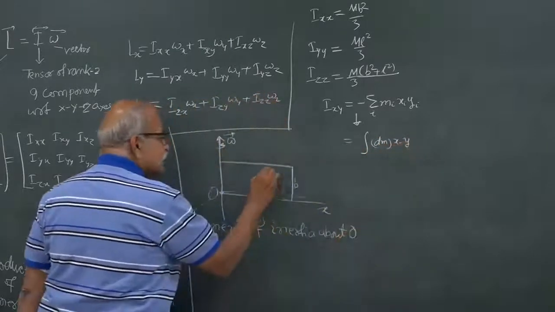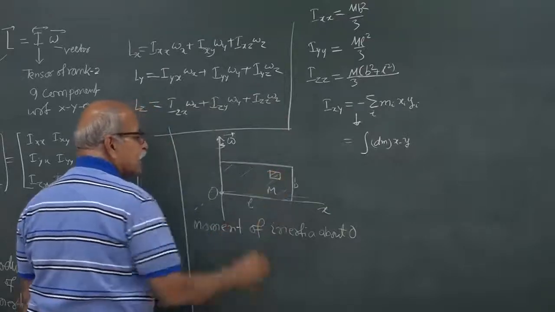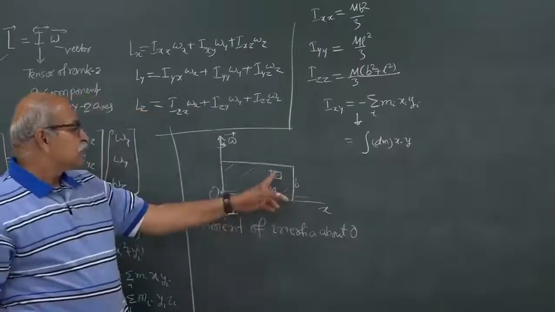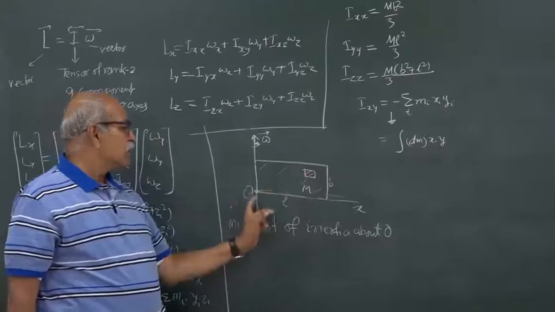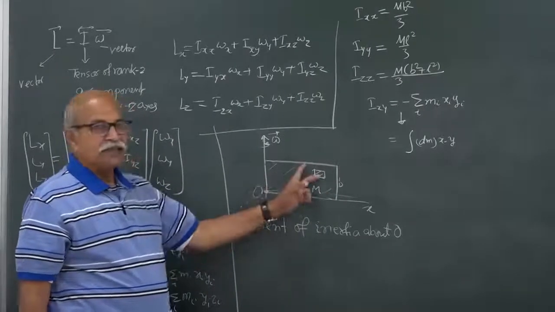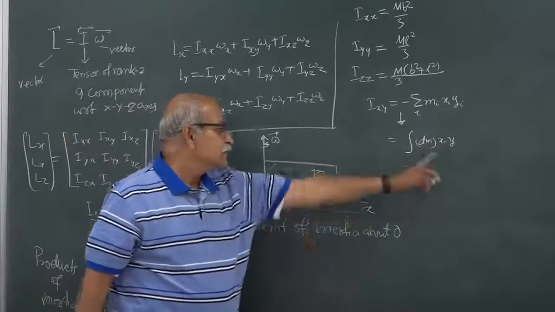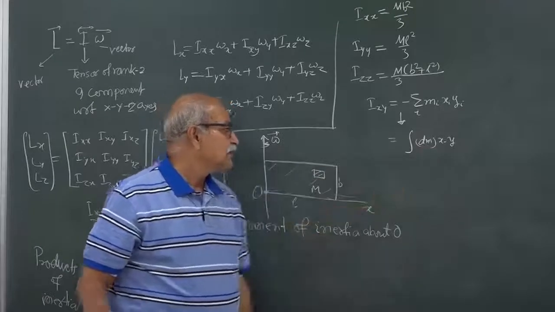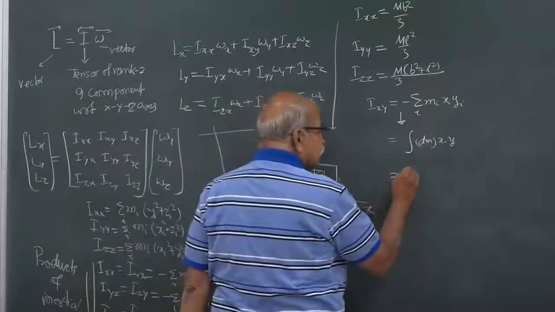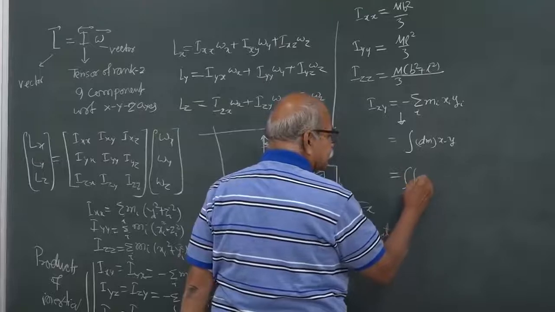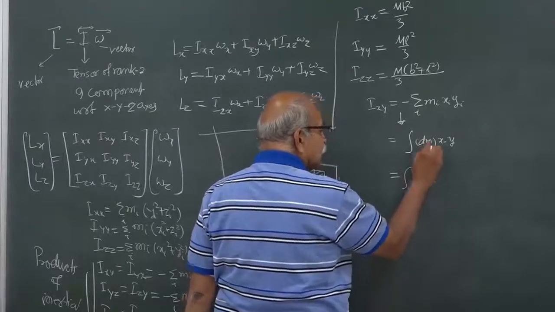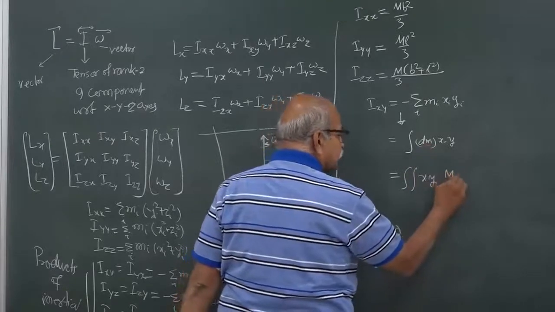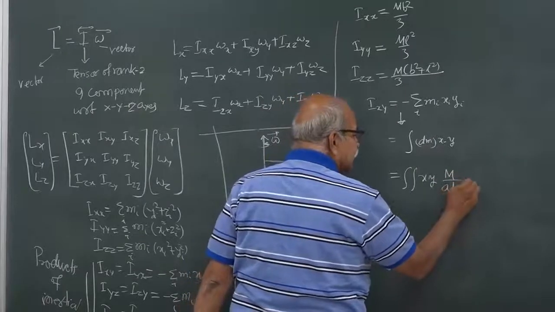So, you take an element here, some dx dy, small element, see what is the mass here, what is the x coordinate, what is the y coordinate, multiply. So, mass here is dm, x coordinate is x, y coordinate is y, so multiply, and then this is x into y. What is dm? dm is capital M divided by b into L, times dx dy.